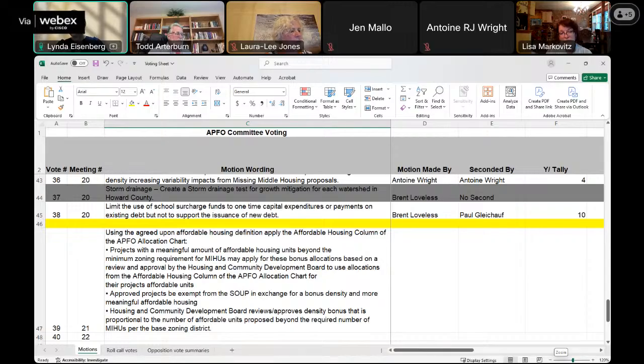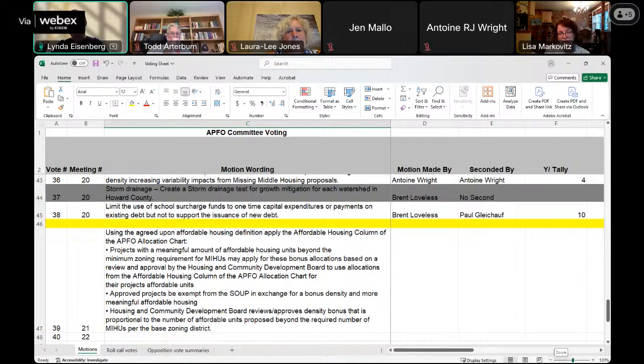So not the base, but if you want to do something that's even more so, and that standard would be set by the Housing and Community Development Board. So if a project has a meaningful amount of affordable housing units beyond the minimum zoning requirement for MIHUs, they may apply for these bonus allocations based on a review and approval by the Housing and Community Development Board to use the allocations from that column for just the affordable portion of the projects.